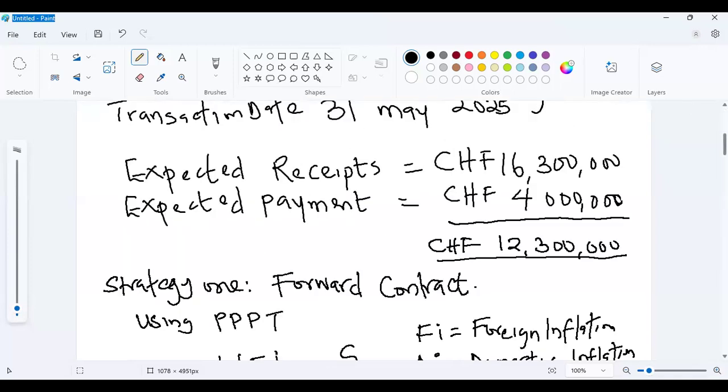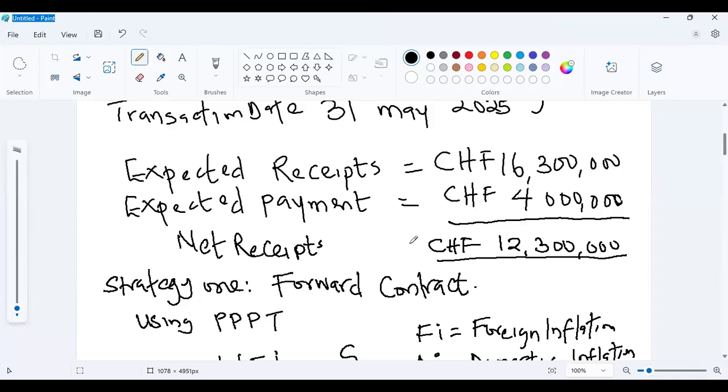Now, we are expecting a net receipt of 12.3 million CHF. Our company is based in the US. If we get the money, we are going to approach our bank and sell it. The bank will buy.